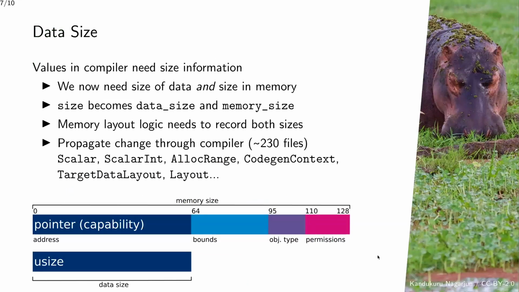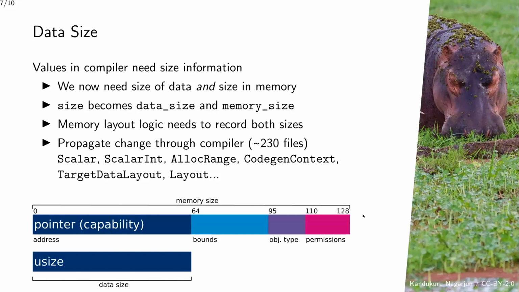To do this, we need some extra information. The compiler, without any modifications, keeps track of the sizes of data during compilation, and it keeps track of this as one value called size. To be able to do these manipulations that involve metadata, we actually need two sizes for various values we're manipulating.